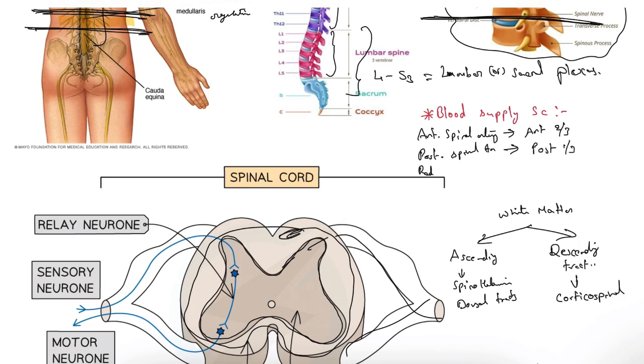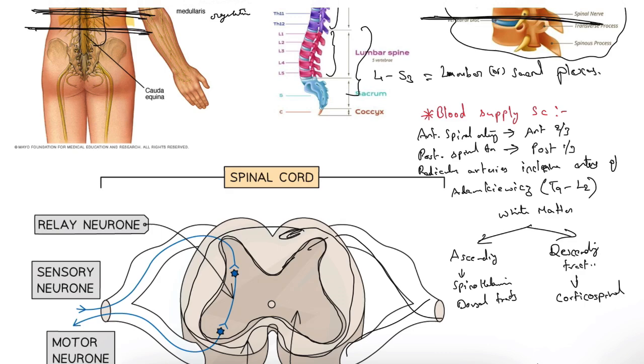Next, radicular arteries, including the great radicular artery of Adamkiewicz, which passes around T9 to L2. Okay, this is the blood supply of the spinal cord.